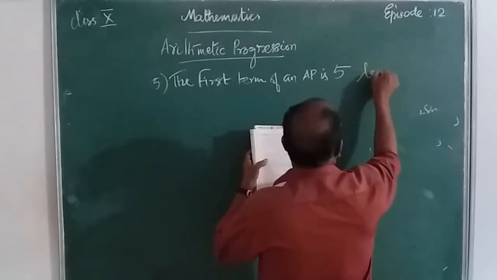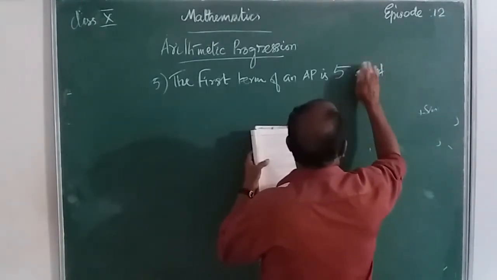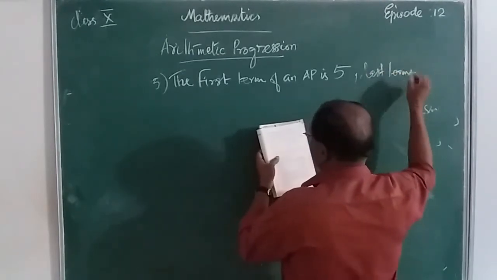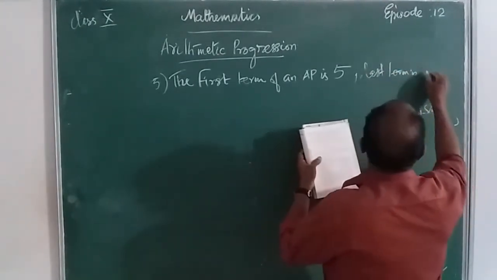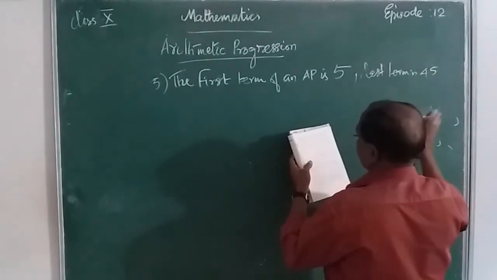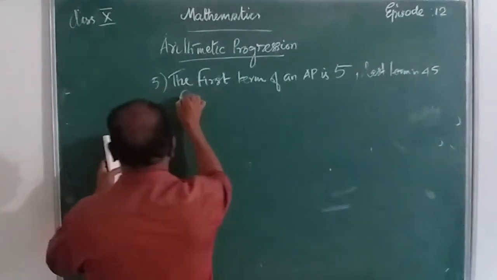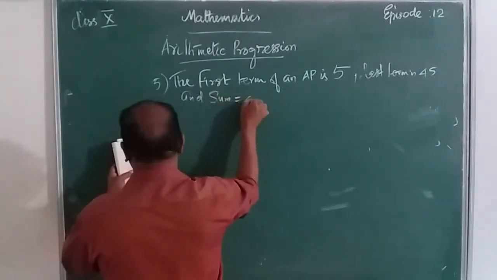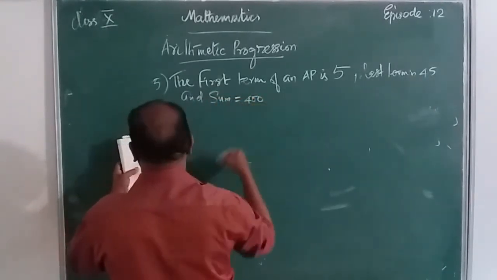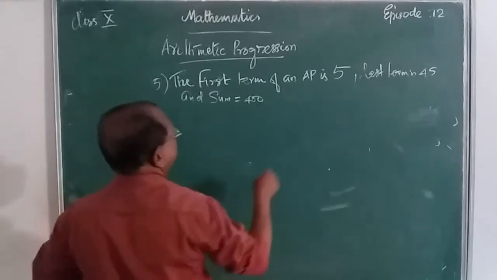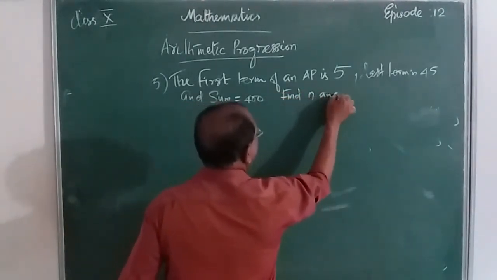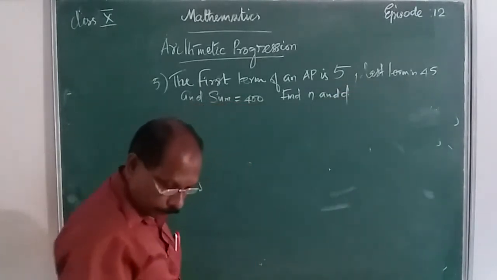The last term is 45. And the sum is equal to 400. Find the n and the d.